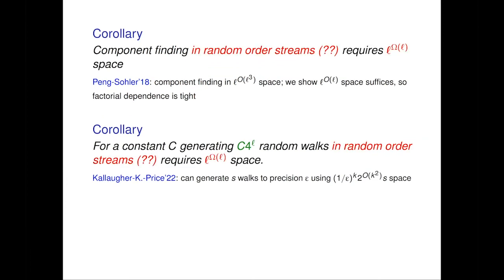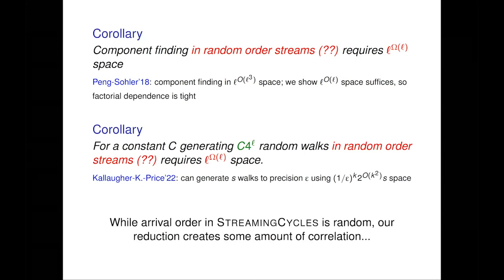Okay, there's one thing that I sort of brushed under the rug in this discussion, which is which distribution on the orderings does this apply to? And one notes that while the arrival order in the streaming cycles problem is random, the reduction that I proposed actually creates some amount of correlation, because for every edge in the streaming cycles problem, I generated 2 edges in my graph stream.